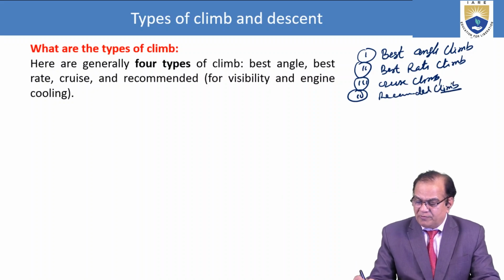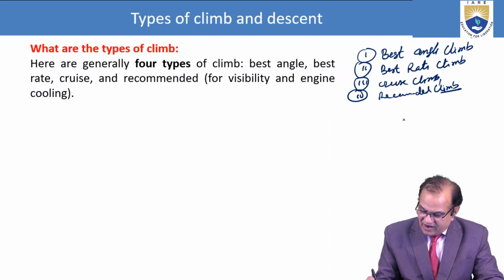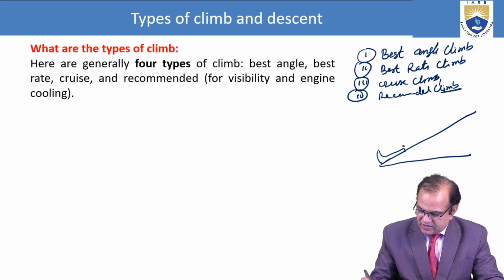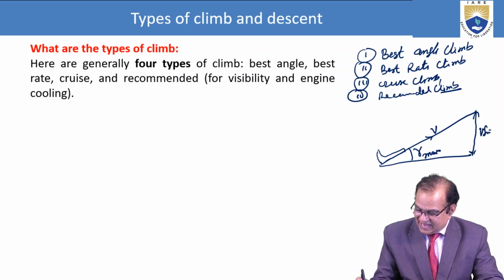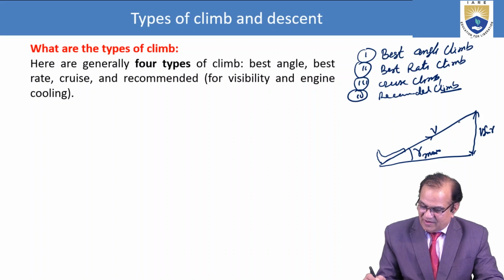Best angle climb means your aircraft should be able to climb from here to here at the best angle. This is the gamma max. Another one is V sin gamma, which is the rate of climb.